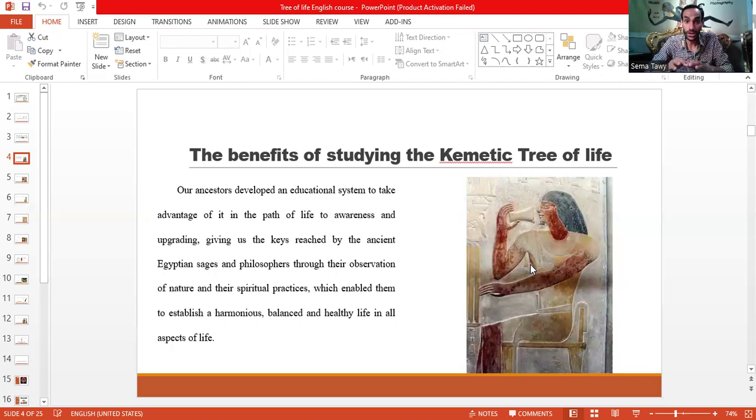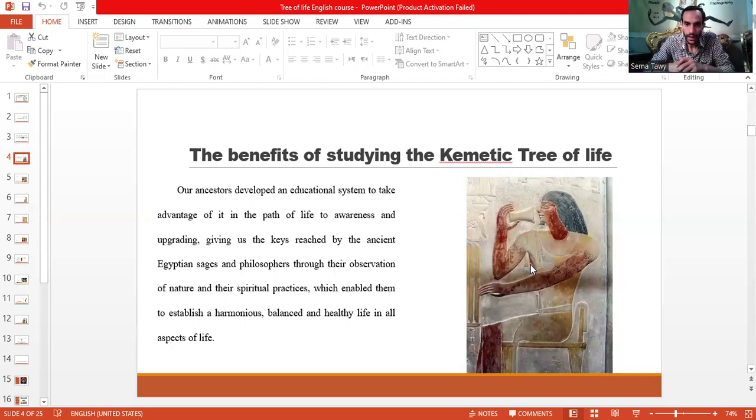So ancient Egypt was full of sages, healers, and philosophers, and those people made an educational system to take advantage of the path of life.